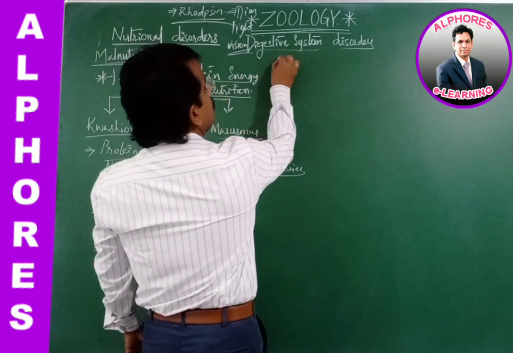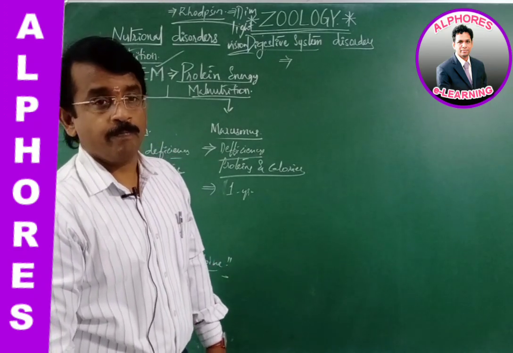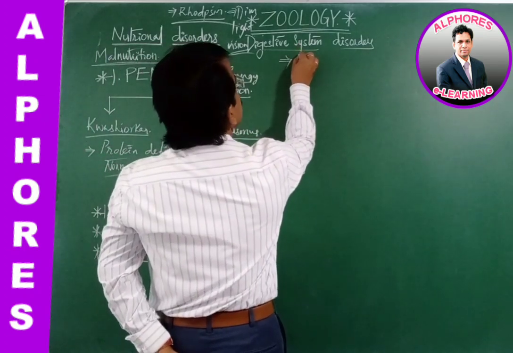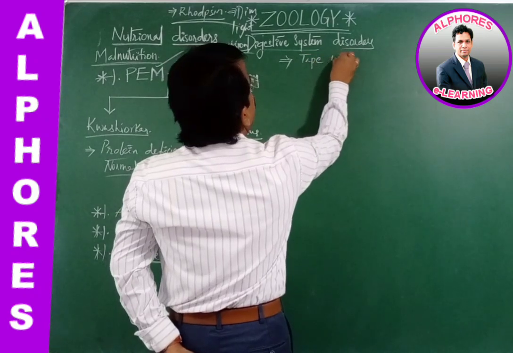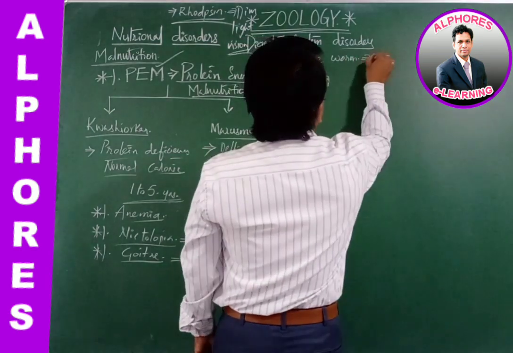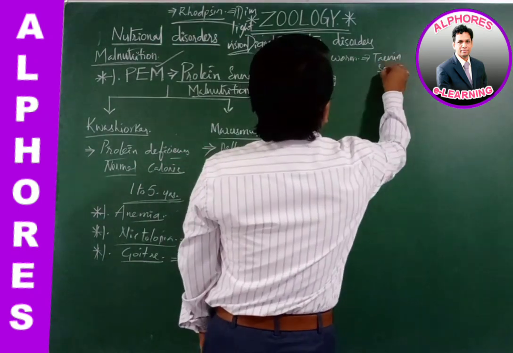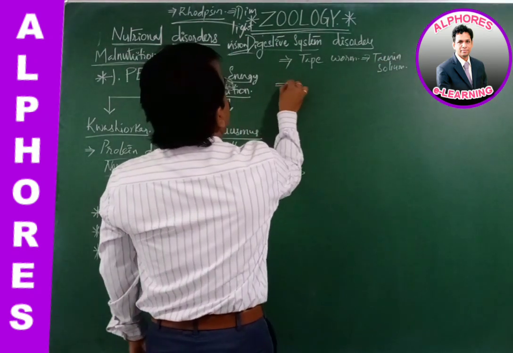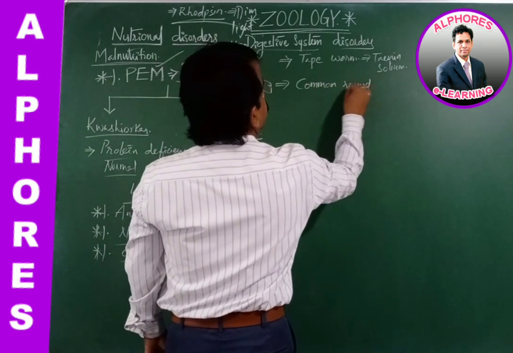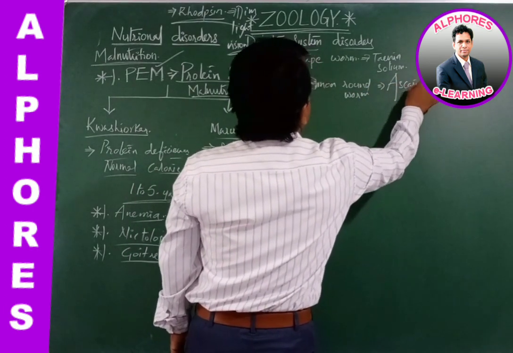There are parasites, particularly helminthic disorders, that we see as tapeworm, Taenia solium. Next, the common roundworm, Ascaris.